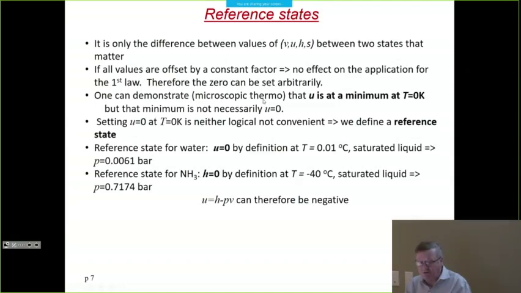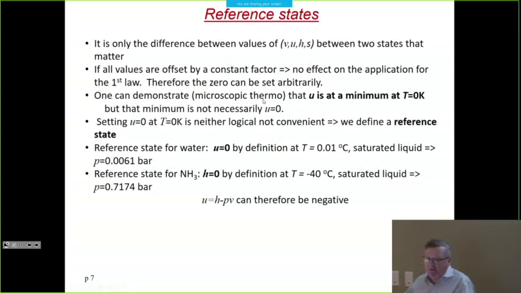You just need to know the state, initial and final, and you can use these differences to calculate your properties. Well, if you use differences, it really doesn't matter where you set the 0. So a constant offset in the tables, if it's consistent between all the internal energies, the enthalpies and all the entropies, you can set the 0 where you want.